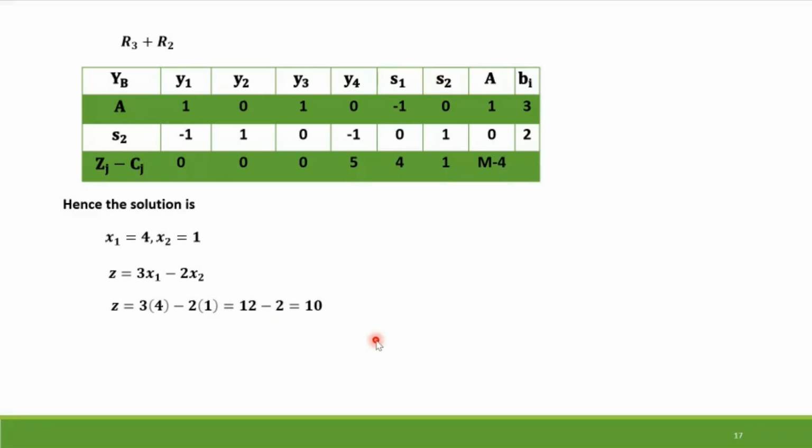Whether we added or subtracted surplus or slack variables, the values coming under both in zj minus cj, those two are the answers of the variables. There will be as many slack and surplus variables as there are variables. So accordingly you will get the values of the variables given in the problem.